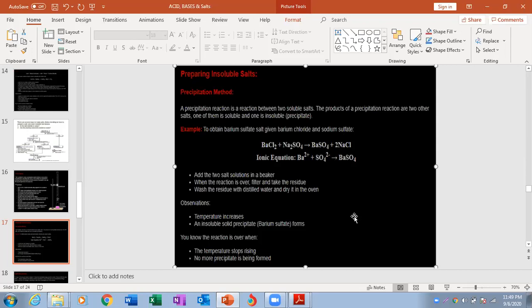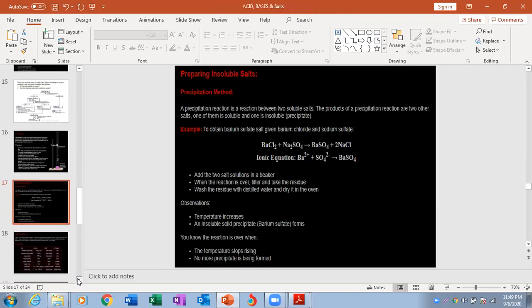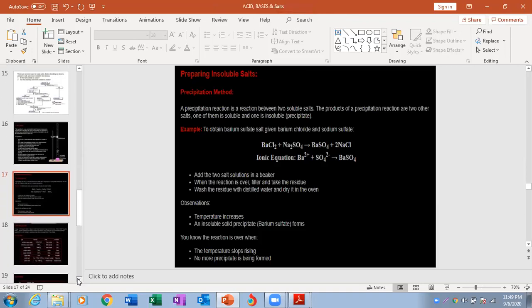Now this is the thing that you can understand, but the point of understanding is: how can you identify that the salt has been produced? The excessive quantity of these two substances, barium chloride and sodium sulfate, will react together and produce an insoluble substance.